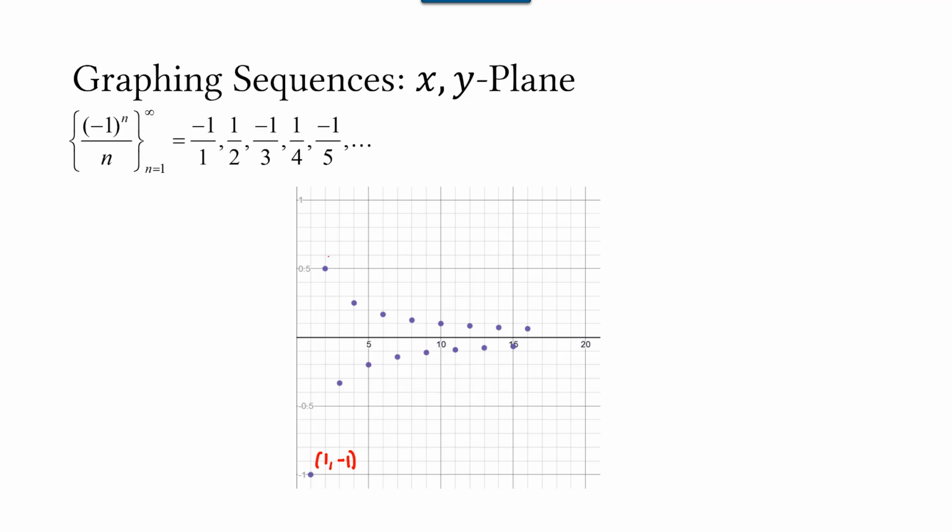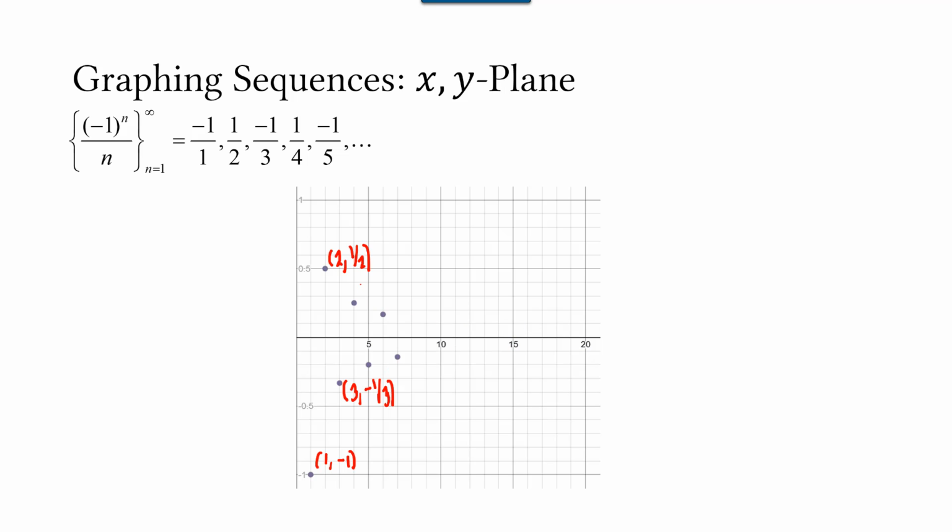The second term of the sequence would be found here with x coordinate 2 for n equals 2 and y coordinate equal to a half. The next term in the sequence would have x coordinate 3 and y coordinate minus a third.